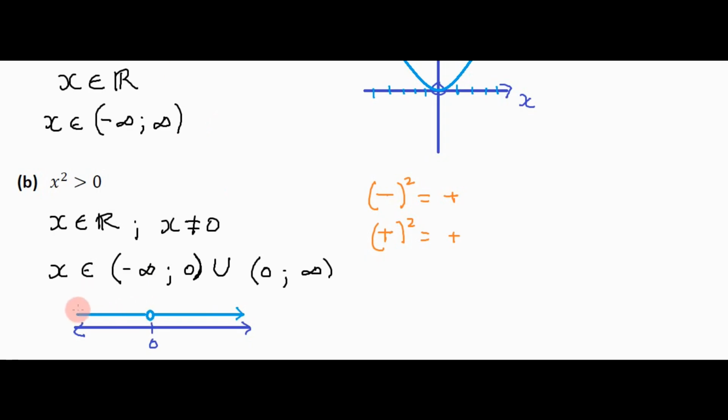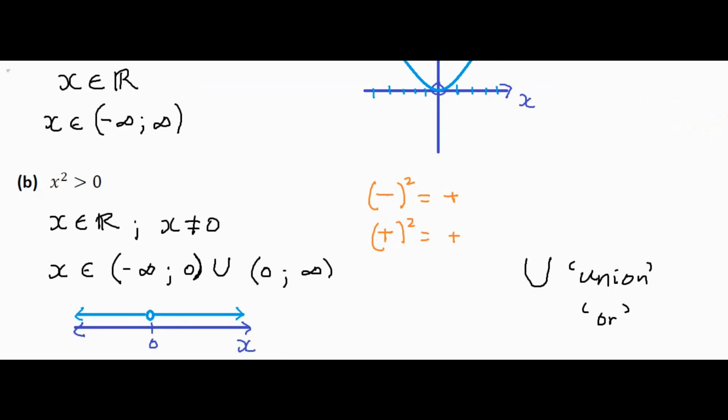In other words, we're including all negative real numbers. Now, we said this symbol is known as the union. So it's the union of these two intervals. And we use this to combine the two intervals. Union also means or. So x will be an element of this interval or of this interval, but not including 0. And this here will be the x-axis.